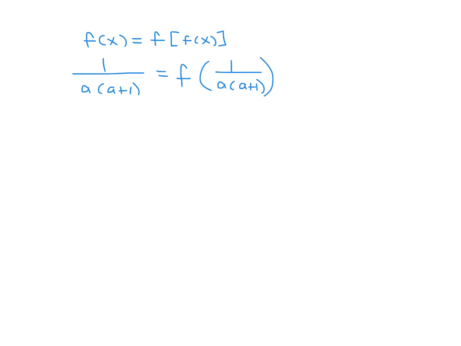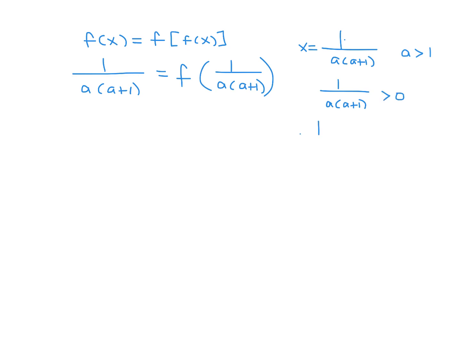Okay, so we have to show this. Now, when we are making the substitution that x is equal to a times a plus 1, keep in mind that our condition is that a is greater than 1. If a is greater than 1, then that means 1 over a times a plus 1 is greater than 0.